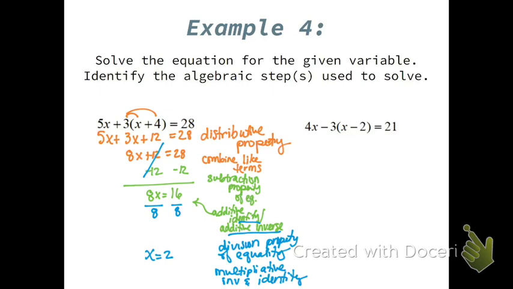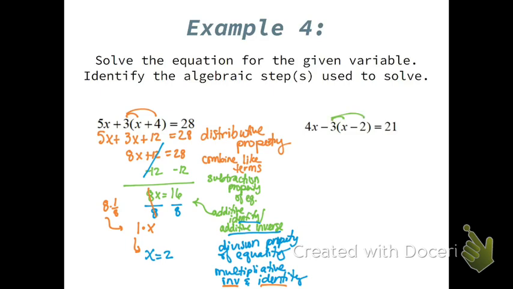Again, in the past, we've probably been a little sloppy here where we say that cancels out. Really what's happening is 8x divided by 8. 8 divided by 8 is 1. That is your multiplicative inverse, because really what we're doing is doing 8 times 1/8 to get 1. And then 1 times x is x, and that is your identity. So we're using the multiplicative inverse and then the multiplicative identity.